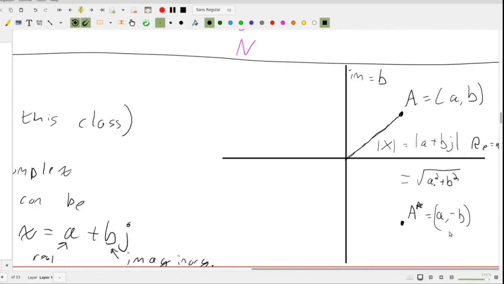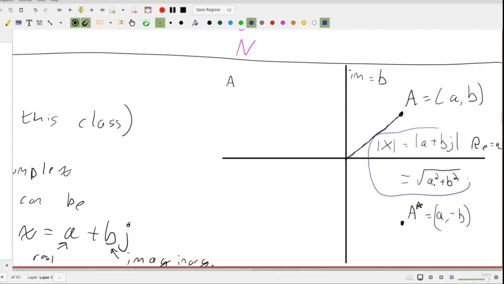The magnitude is the square root of A squared plus B squared. I just didn't have any room to write it. And so this is called an Argand plot.